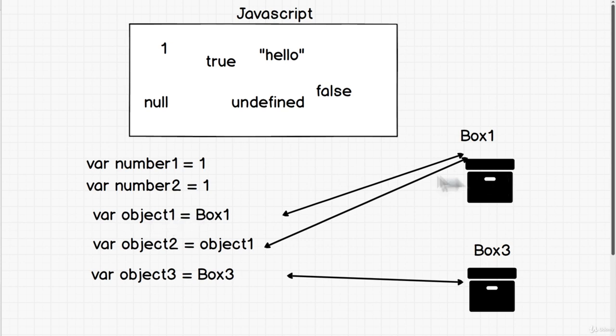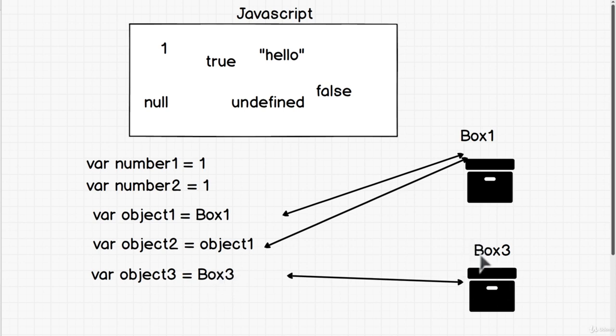And that's in box 1. Object 2 is saying, I want whatever is in object 1, and we look in object 1, and object 1 just has the information of box 1. So it references that. And object 3 creates a new object, so it's saying, I'm going to put my contents in box 3, and I'm just going to have the address of the box saying box 3.